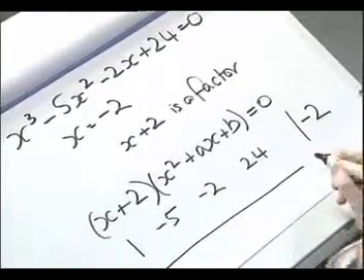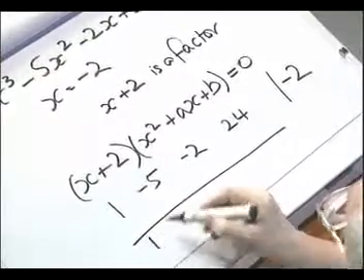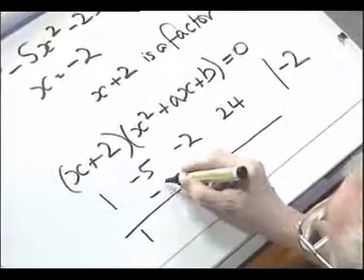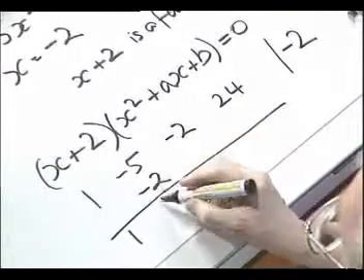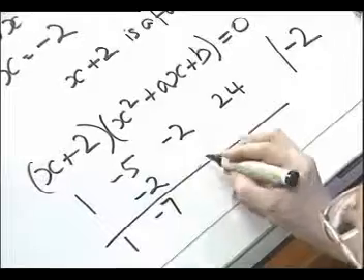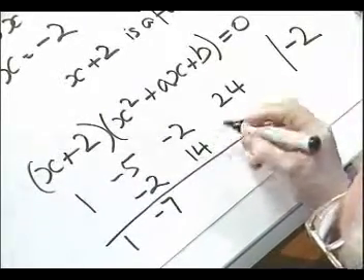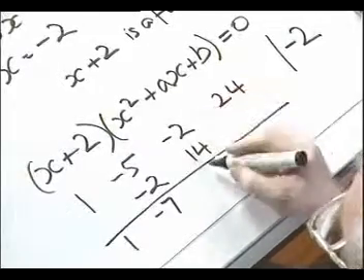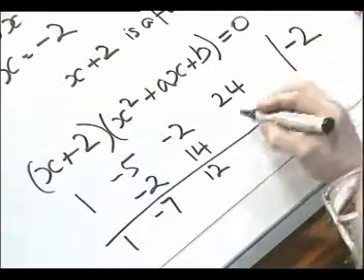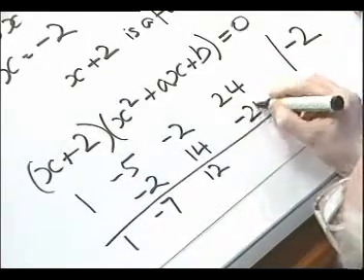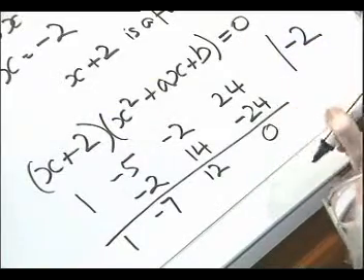I leave a line and then bring the 1 down. 1 times minus 2 is minus 2. Minus 5 plus minus 2 is minus 7. Minus 7 times minus 2 is 14. 14 plus minus 2 is 12. 12 times minus 2 is minus 24. And 24 plus minus 24 is 0.